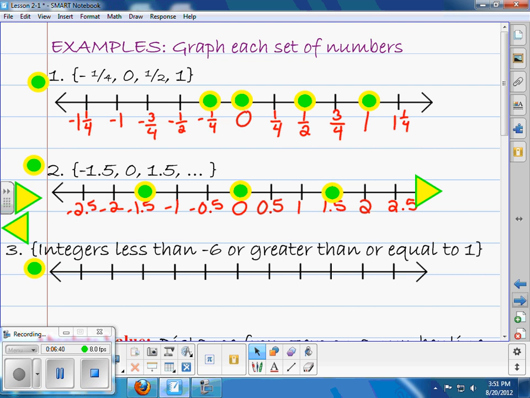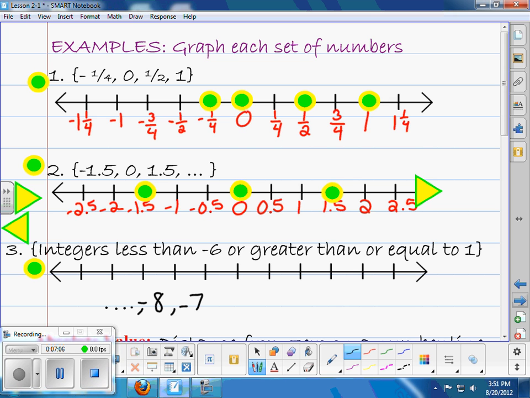And lastly, number 3. Number 3 is integers that are less than -6 or greater than or equal to 1. First, let's think about what numbers are less than -6. -6 is not less than -6. So that would mean -7 is less than -6, -8 is less than -6, and so on.